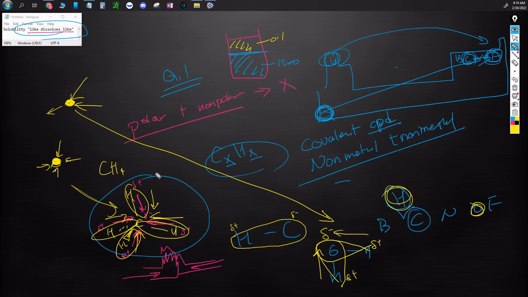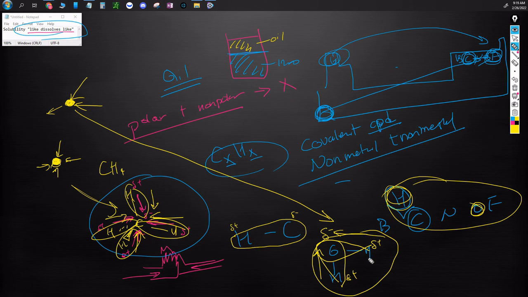So in general, whenever you see a bunch of carbon and hydrogen, you could definitely consider it a nonpolar compound. But you still have to draw it.